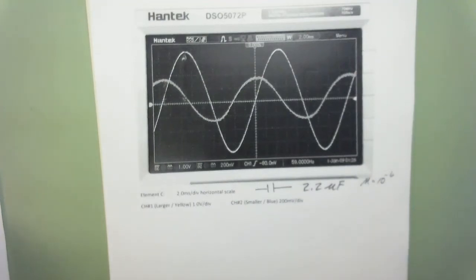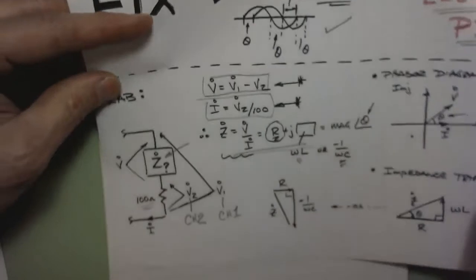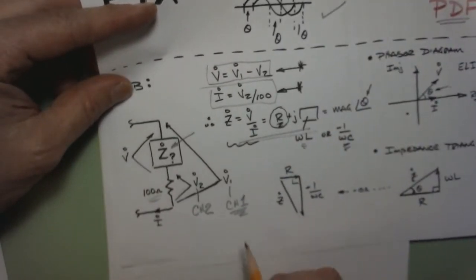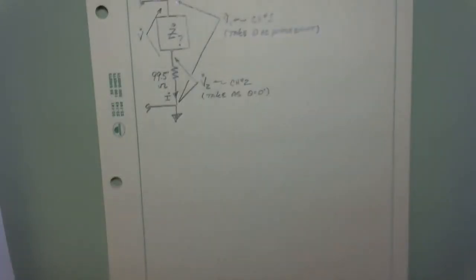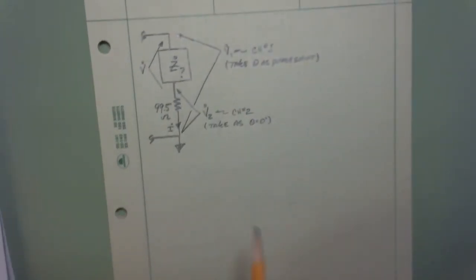Remember, when I was going through this, I wanted to figure out what channel 1 was, and what channel 2 is or was. I may refer you back to this diagram here. It's very similar.